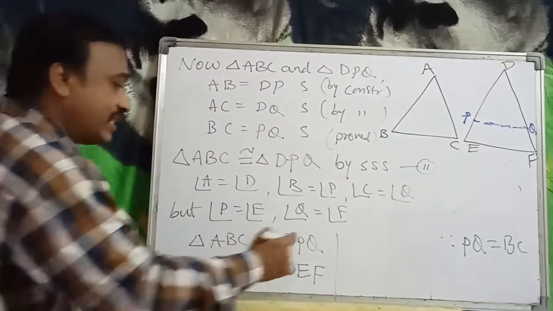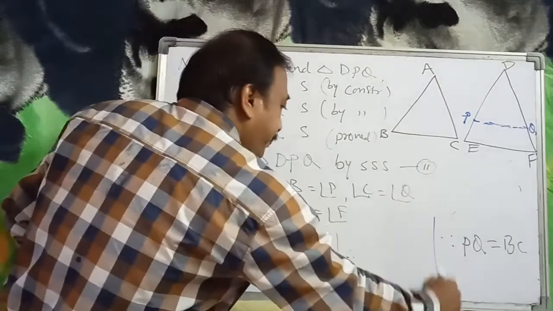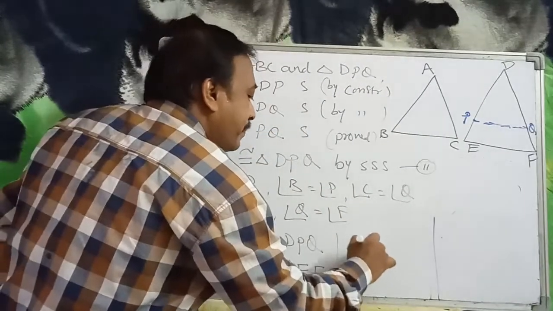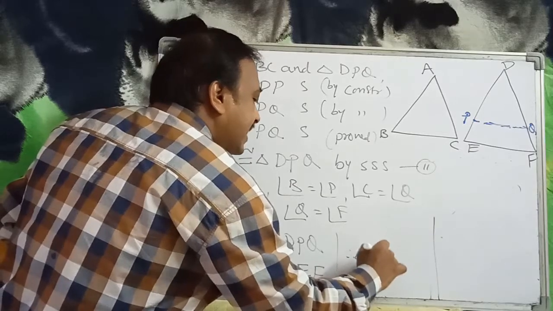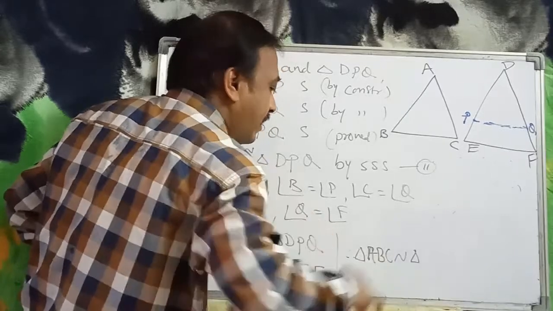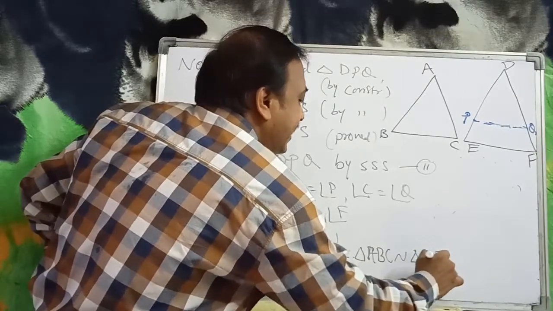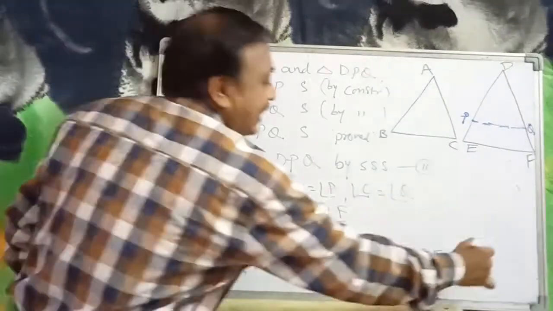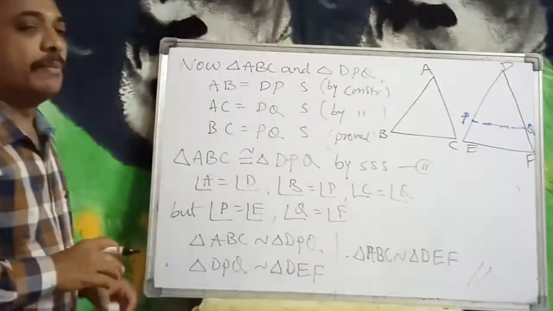Therefore, triangle ABC is similar to triangle DEF. Hence proved.